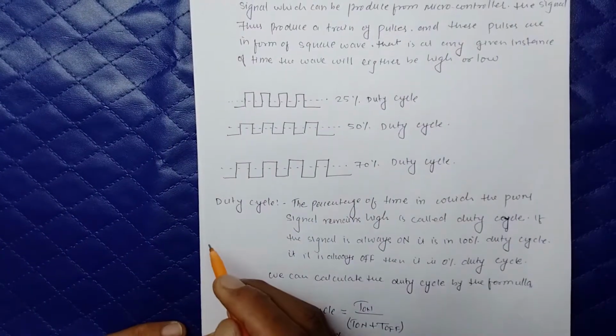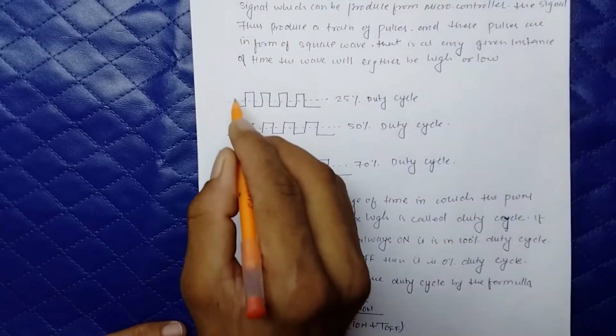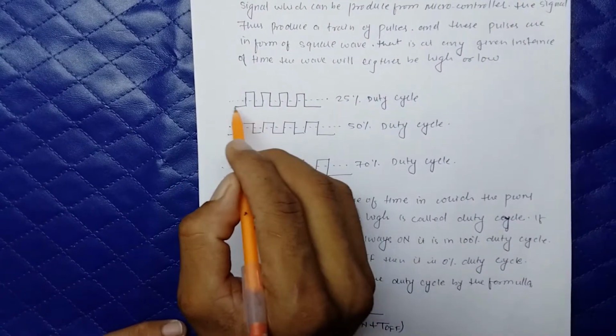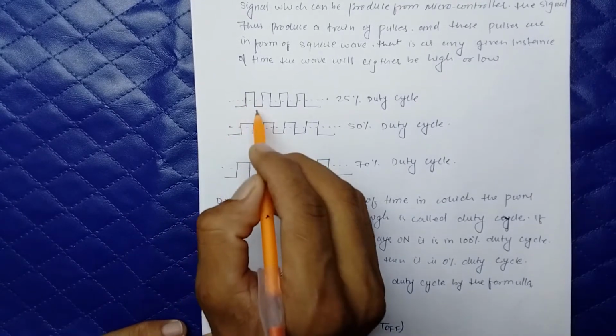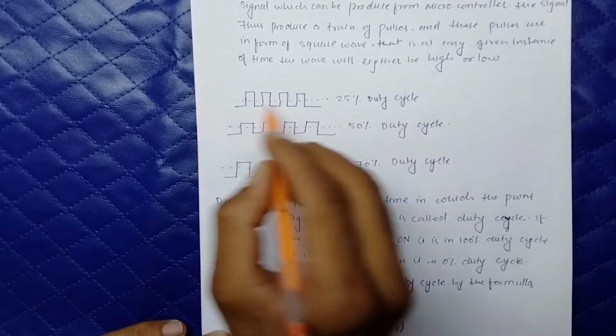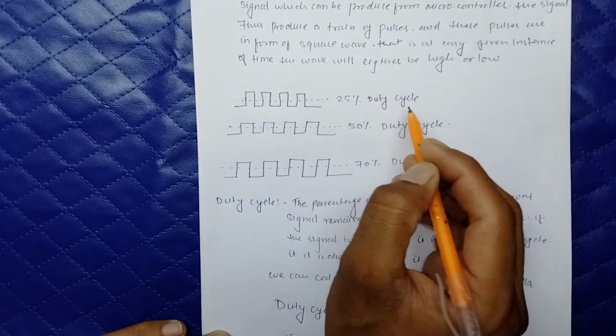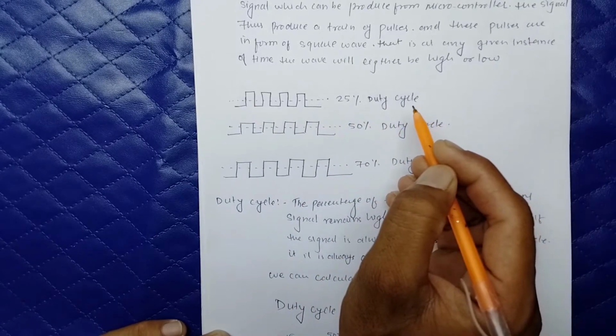You can see here, I have drawn some diagrams, that is a waveform. I have drawn a square wave, and I wrote here 25% duty cycle. What is the meaning of 25% duty cycle?